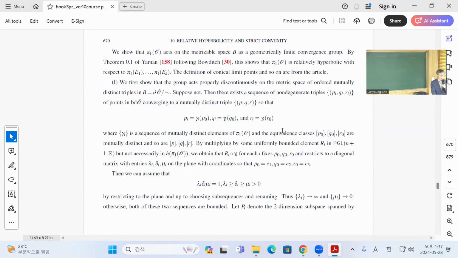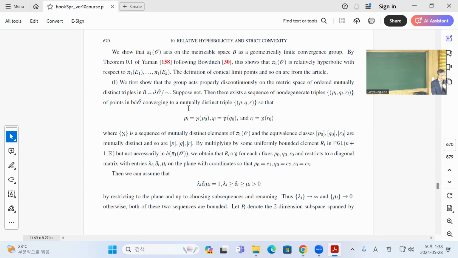So you need that, and so I will use a theorem of Yaman that it is relatively hyperbolic with respect to this, if these three conditions are satisfied. So the first one is, it acts on any distinct triple here, then it acts properly discontinuously on this metric space.